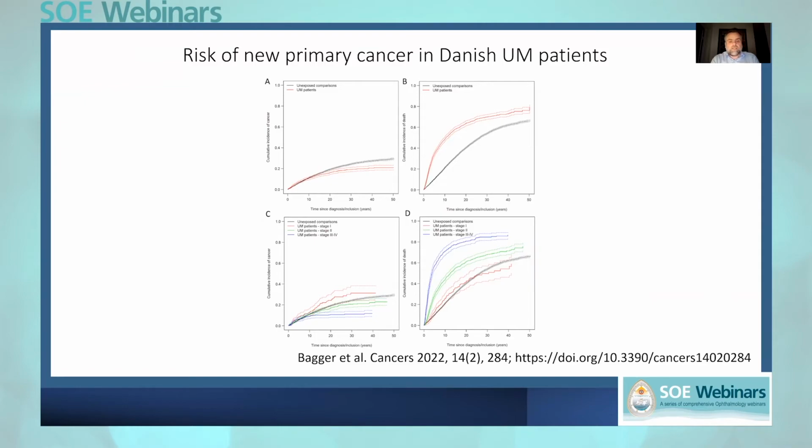For the sub-analysis done in panel C, you see that patients with small uveal melanoma actually survive and are able to have a lifelong increased risk of a new cancer, whereas the patients with higher tumors actually die from the disease and therefore cannot develop a new cancer.